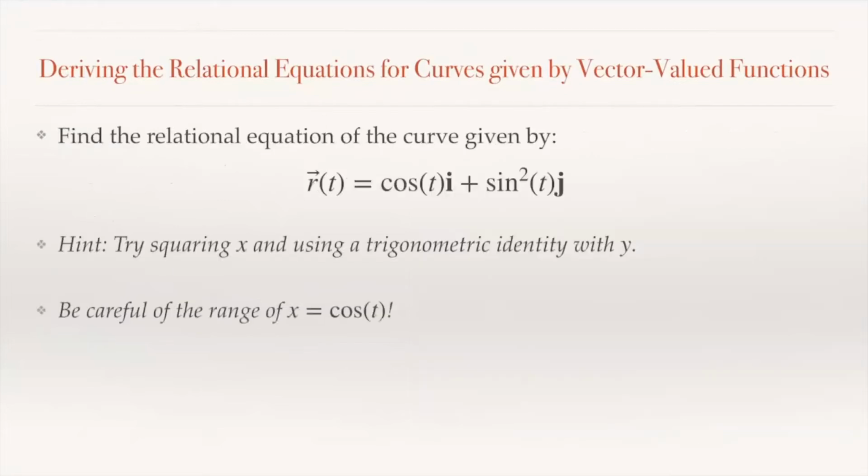So you try your hand. Try to find the relational Cartesian equation that this vector function traces out on the xy plane. I encourage you to pause the video and again try to utilize a trigonometric identity like sine squared plus cosine squared is 1.